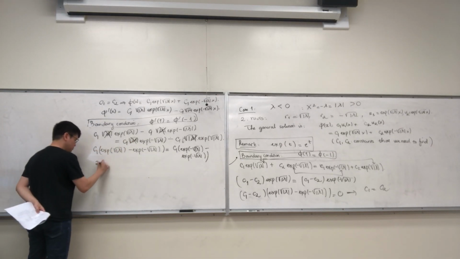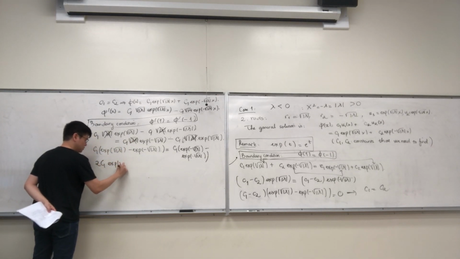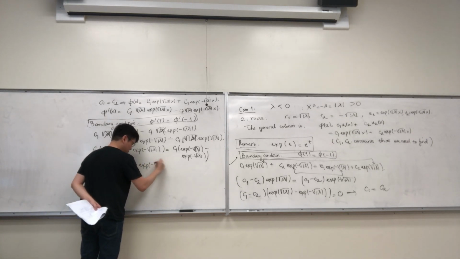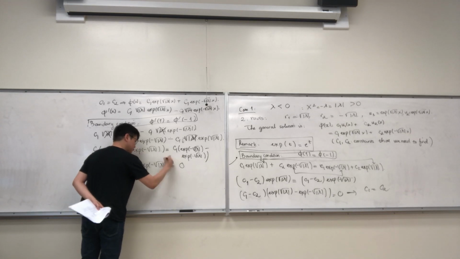So I have 2C1 times exponential of square root of lambda minus exponential of minus square root of lambda, and this gives me 0.